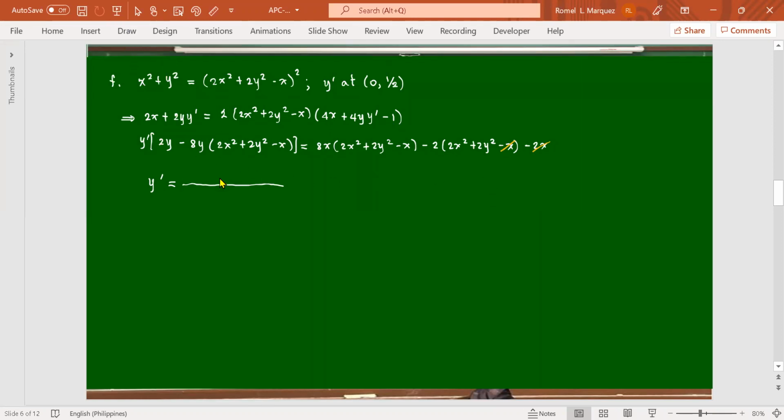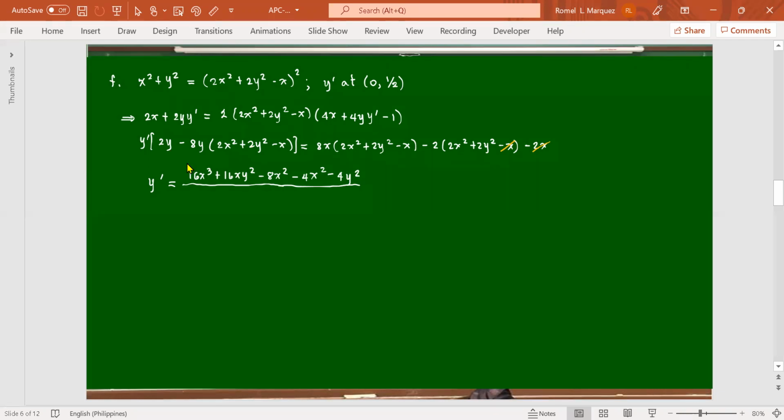Guys, so we now have 8 times 2x squared, 8x, 16x cubed, plus 16xy squared, minus 8x squared, then minus 4x squared, minus 4y squared. No more negative x, because negative 2x plus 2x is 0.